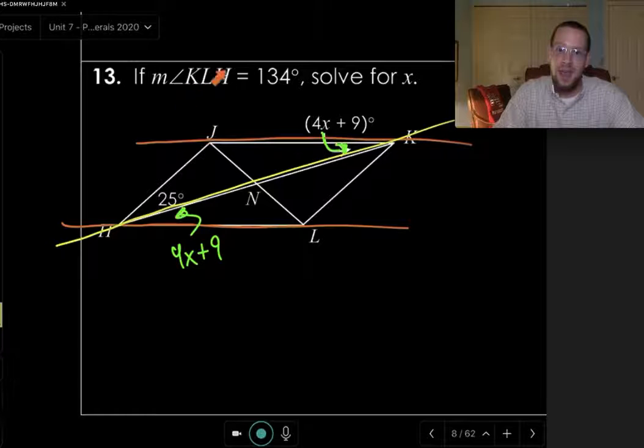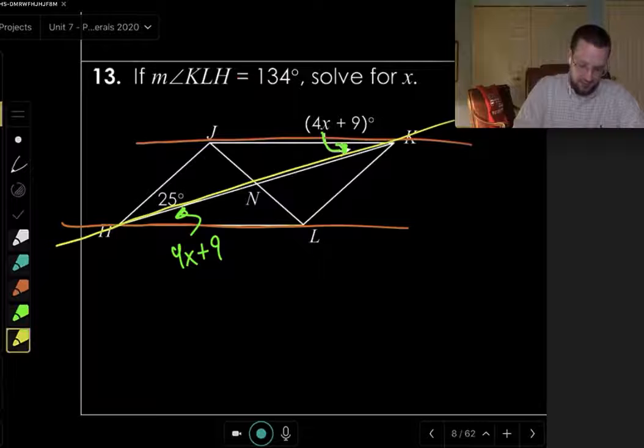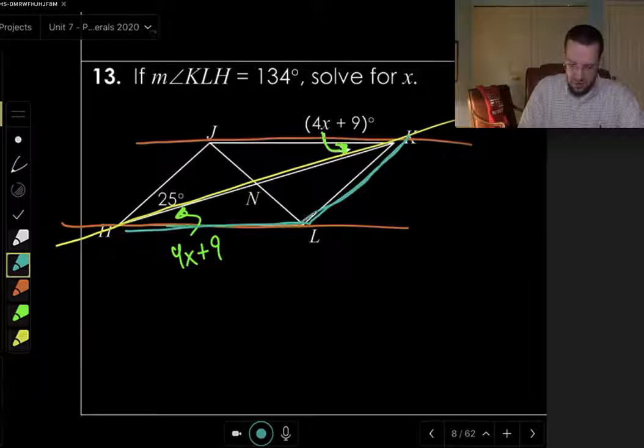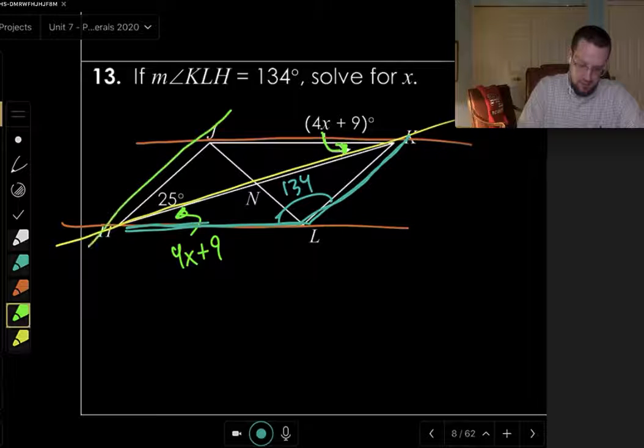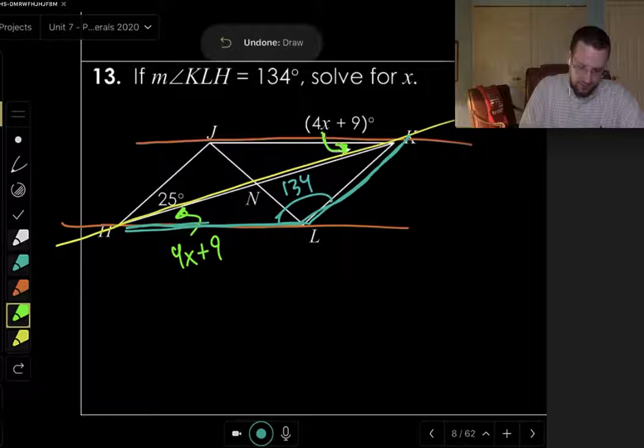We have KLH, that's this one over here in blue, and we know that this whole angle over here is 134.